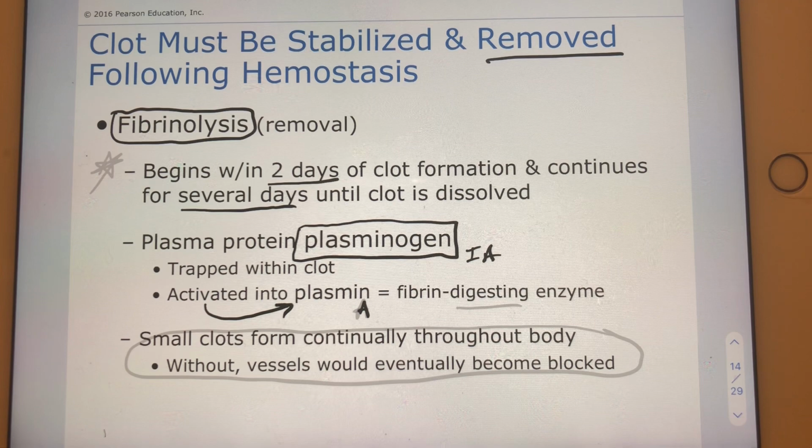And plasmin, not plasminogen, but plasmin, actually breaks down fibrin. And so this plasmin is getting to work to break down fibrin essentially as soon as we form it. So we're trying to get rid of the clot as soon as possible. It's very temporary. It's less temporary than a platelet plug, but still temporary. We ultimately want to get rid of it.